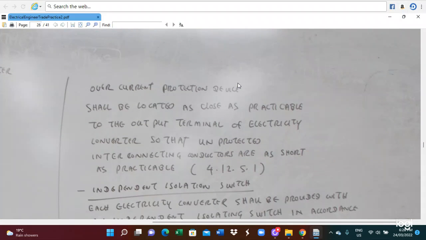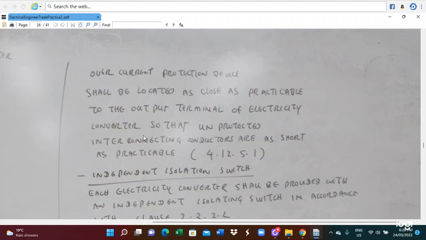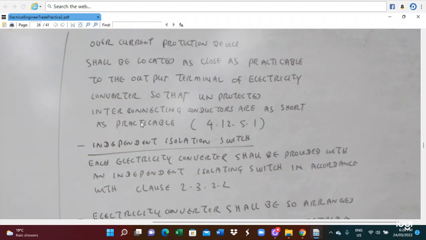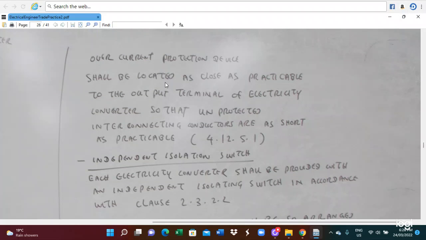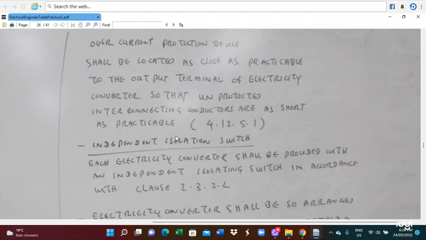The overcurrent protection device must be located as close as practicable to the output terminal of the electricity converter, so that the unprotected interconnecting conductors are as short as practicable. So this is 4x12 by 5x1.